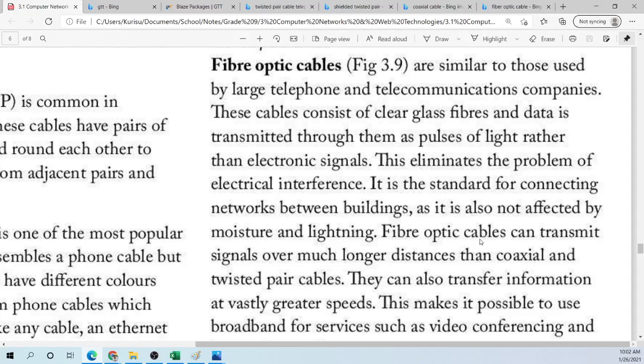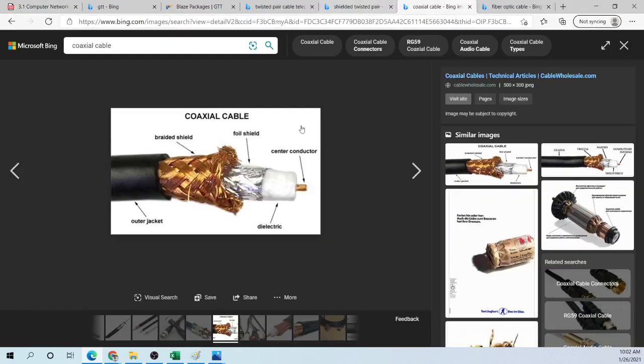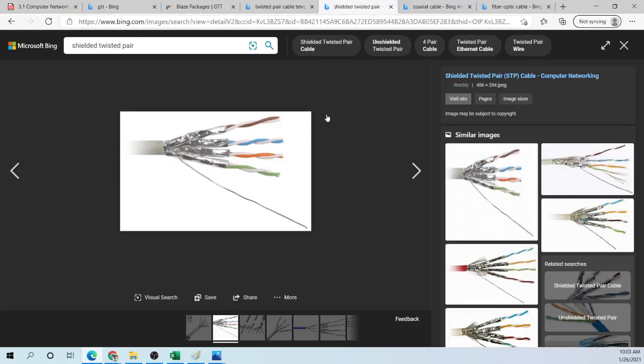Now, another advantage is that it can transmit over longer distances as compared to coaxial and twisted pair. Coaxial and twisted pair use electrical signals. So as the distance gets longer, electrical signals break down.